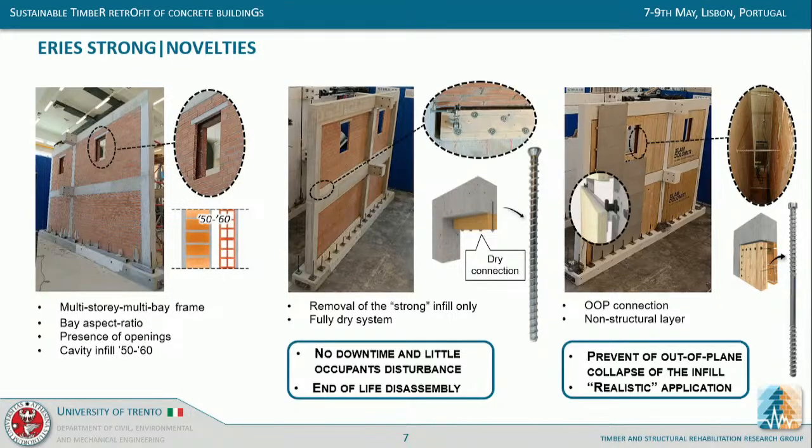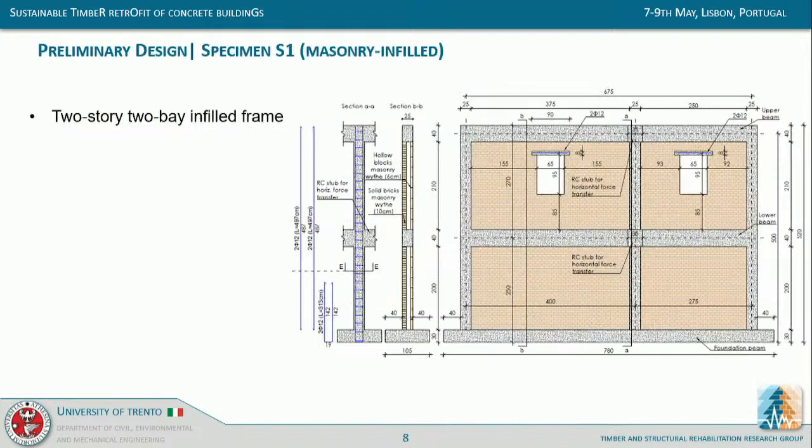And last but not least, we also wanted to apply some non-structural layers. In particular, here we have ventilated cladding in order to see its compatibility with the deformation of the retrofitted structure once it reaches the ultimate limit state conditions.